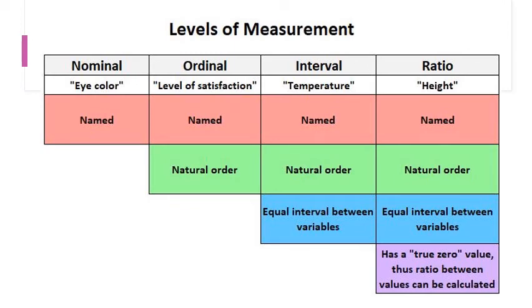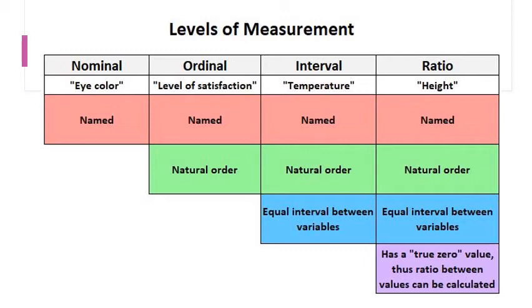And I think that this image here really gets a good point across as to what these are. It shows the ranking, how it goes from having a named part, to a natural order, to equal intervals between variables, and then the ratio finally has a true 0 point. Now notice how for interval, it says temperature. That's because the 0 point in temperature isn't a true 0 point.